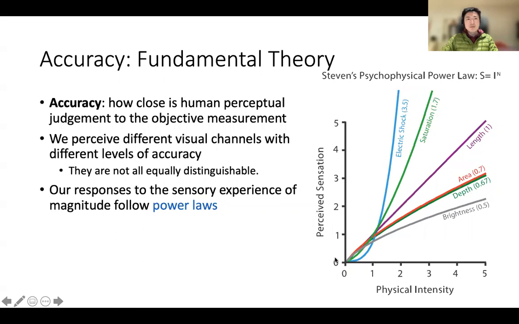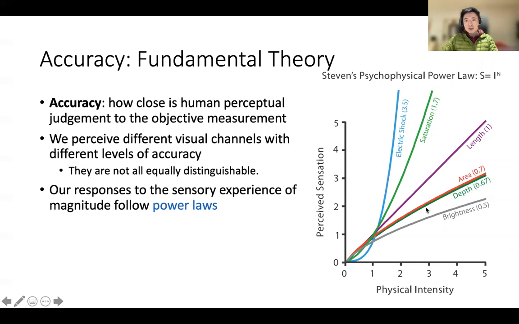And you can measure this. Let's say you use area, and you increase the area: 1, 2, 3, 4, and 5, and you ask people what they think the area is. Then you can plot a line like this. What it tells you is that when the area is 2, what people say is something here, so the perceived size is about 1.4 or 1.5, something like that.